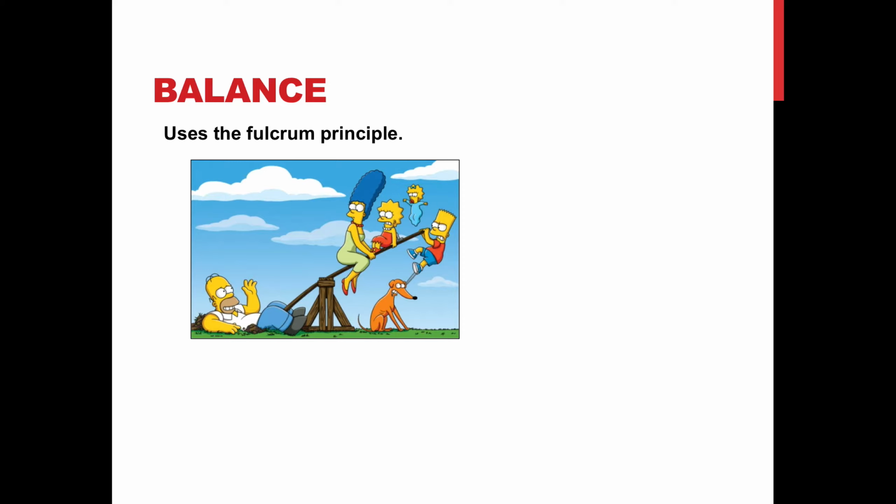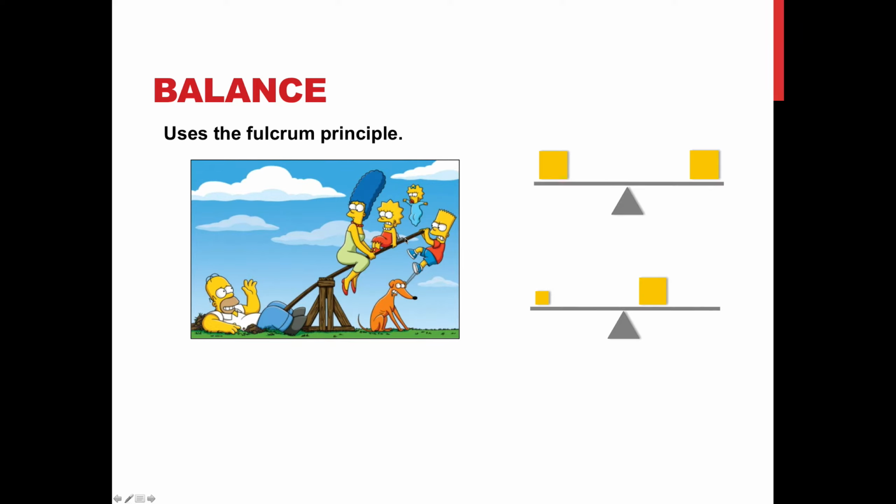And so really what we want to do is use a fulcrum. So things that are really heavy need to go further out or further in, depending on what is on this side. So in this case, you have Homer Simpson on this side. He's way down into the ground, while the rest of the Simpsons family, including Maggie, jumping up and down there, and Santa's Little Helper pulling him down, can't keep them balanced.